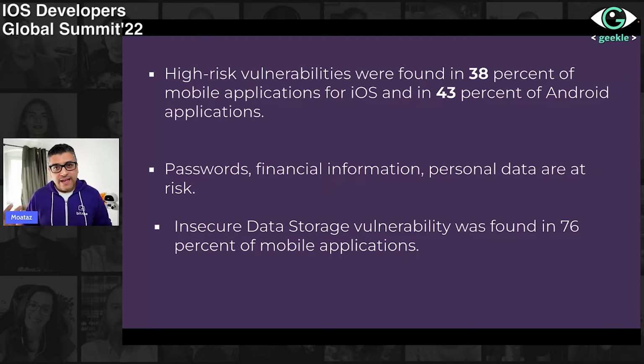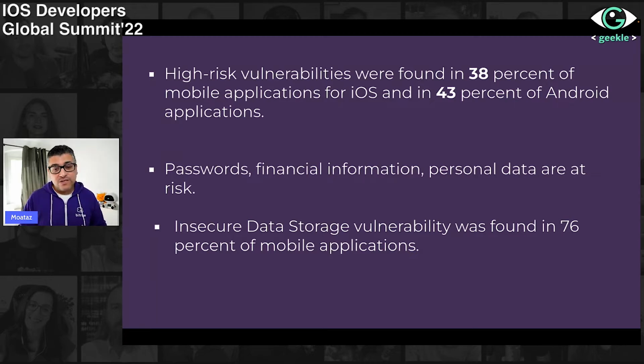Recently, there was a research study or report, and they found that high-risk vulnerabilities or security issues were found in 38% of mobile applications for iOS and 43% in Android applications. Most of our sensitive data is at risk.